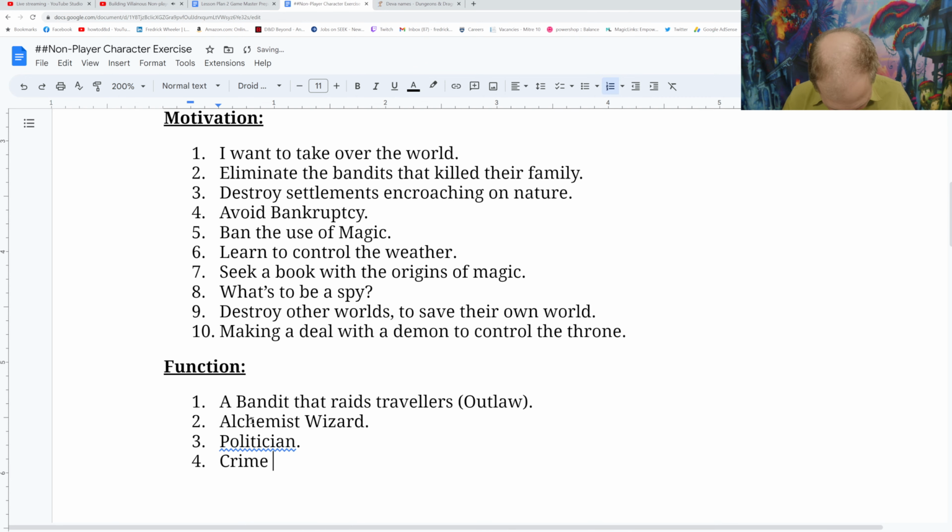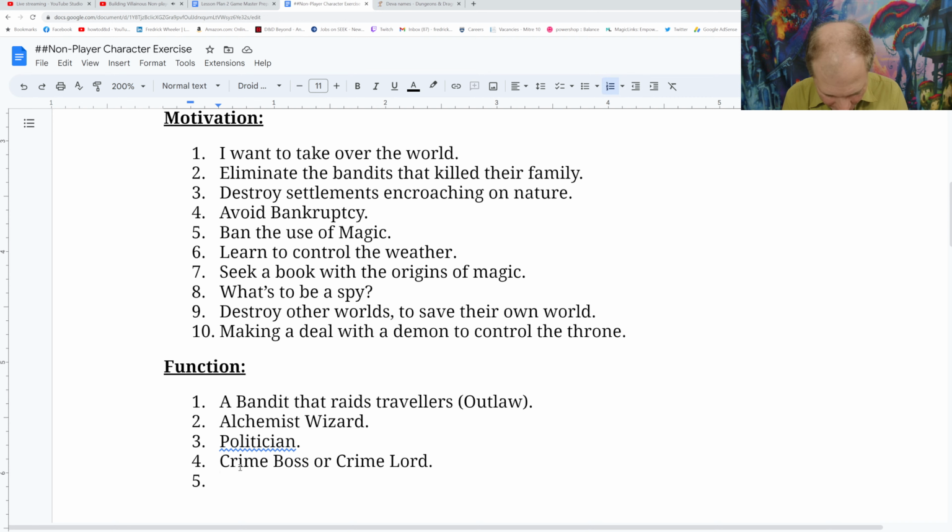Crime boss. Or crime boss or lord. Kind of like crime lord more, but probably not that way. Politician. Why have I got politicians? Why is it insisting that I have the word politicians? Yeah, whatever.